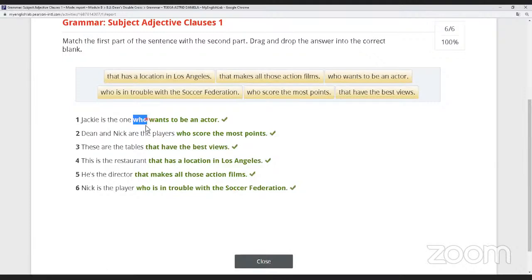As you can see, Astrid, everything is about the subject, right? The one, the players, the tables, the restaurant, the director, the player, right? So in that order, you're going to define what relative pronoun is the best one. So, any question maybe?